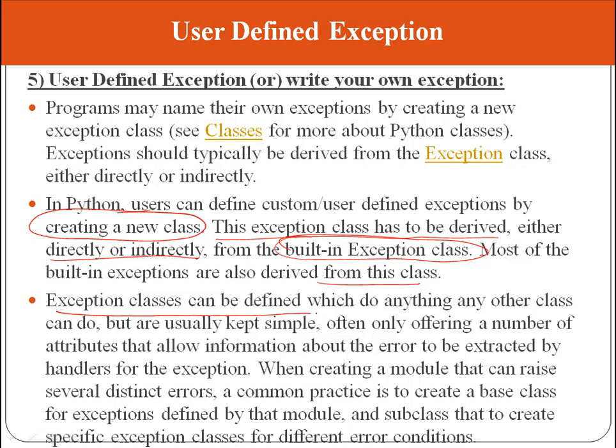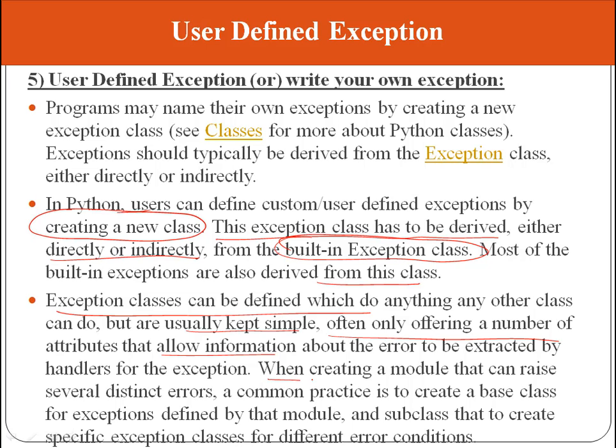Exception classes can be defined which do anything any other class can do, but are usually kept simple, often only offering a number of attributes that allow information about the error to be extracted by the handlers for the exception. So in simple words, you should display the error message and how to resolve it.